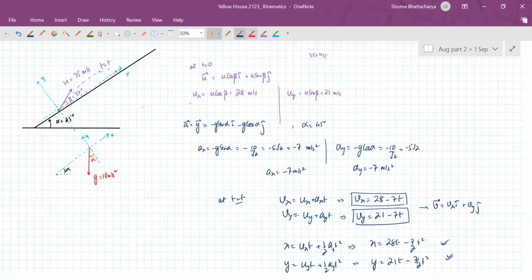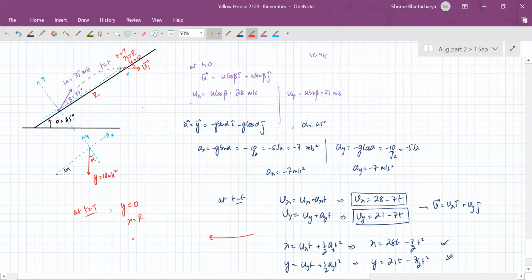Now whenever it goes and impacts on the surface, at this point the x coordinate is r, the y coordinate is 0, the time is capital T, and the velocity is this. Okay. So we'll use all this stuff here that at t equal to capital T, y coordinate should be 0, x coordinate is r. This is the impact velocity.